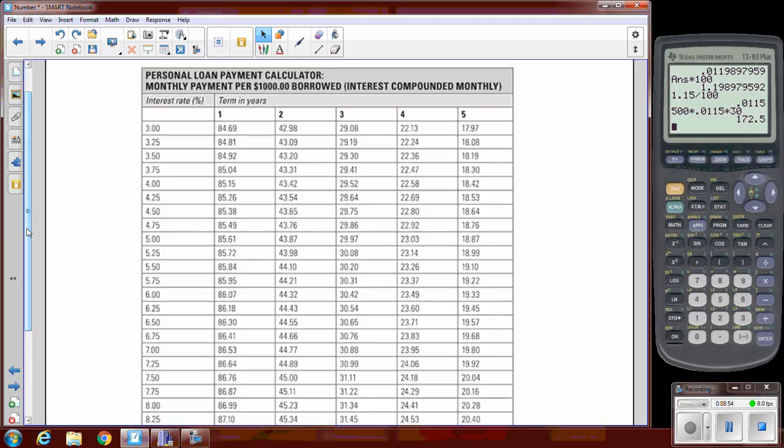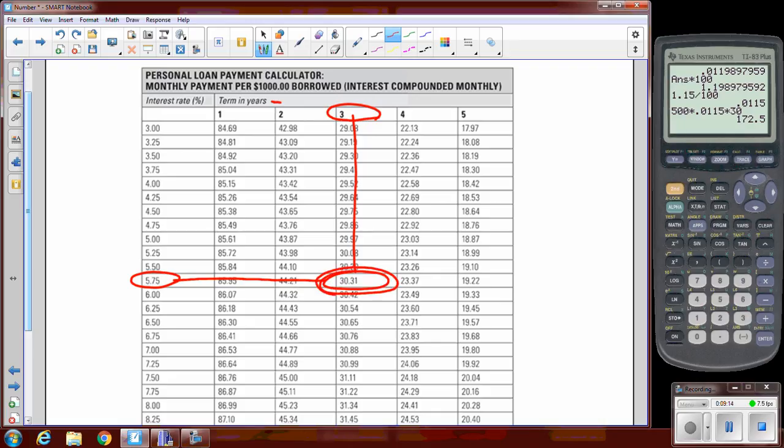So we're going to look on this table, and here is 5.75. And he's borrowing it for, and these are the term in years, he's borrowing it for 3 years. So now we just bring these in here, and this is his monthly payment.